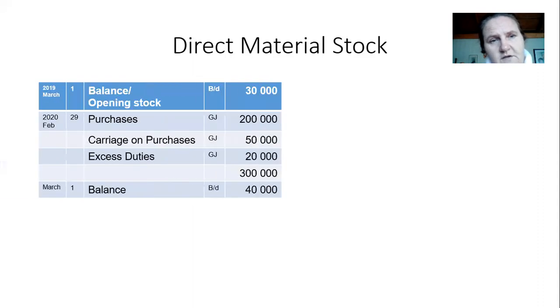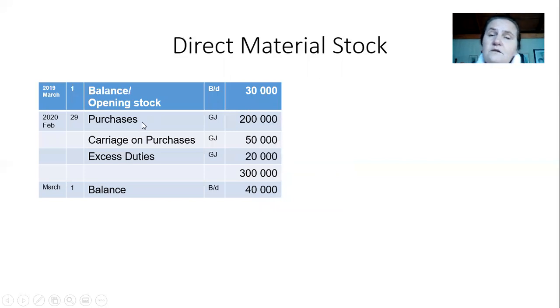The first one we're going to look at is, as you can see, direct material cost stock. So in direct material stock, we're going to have an opening stock or an opening balance brought down. In this case, I've got 30,000 that I bought last month that I didn't use. Then here I've got my periodic inventory system.